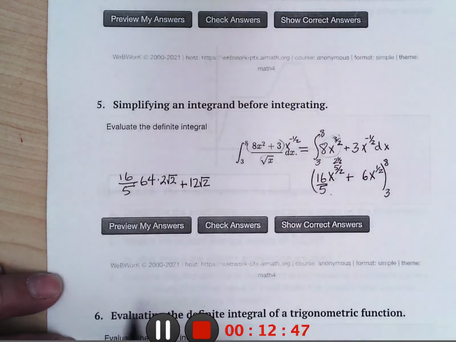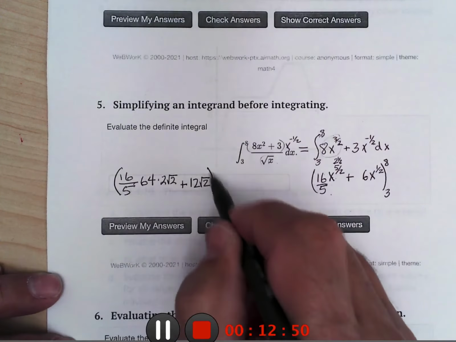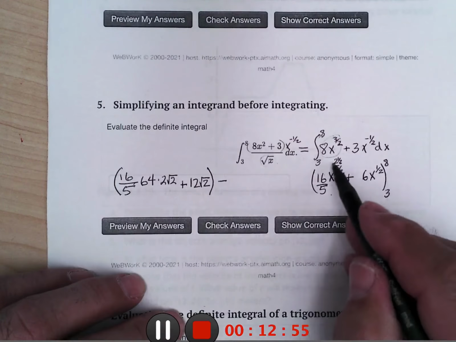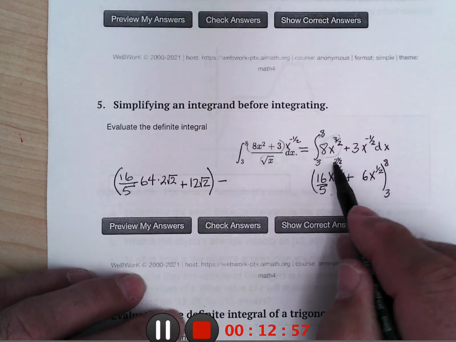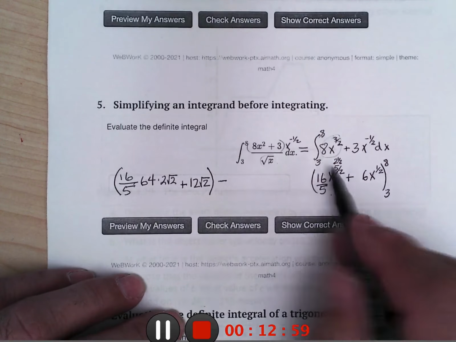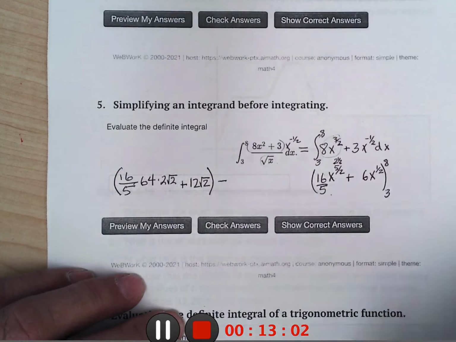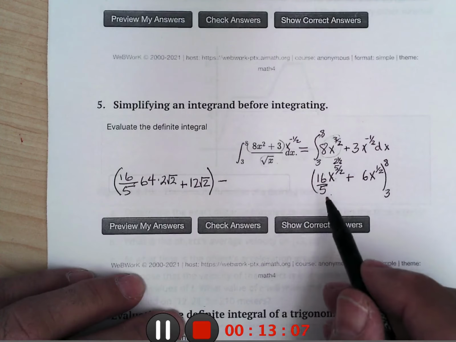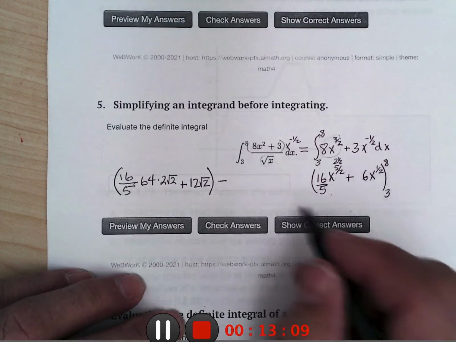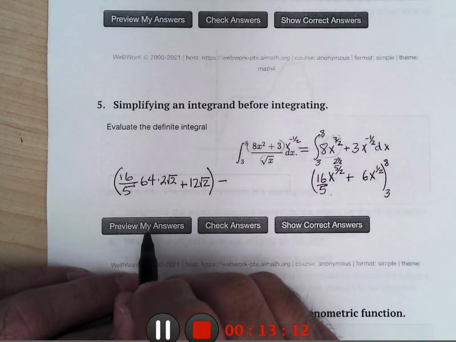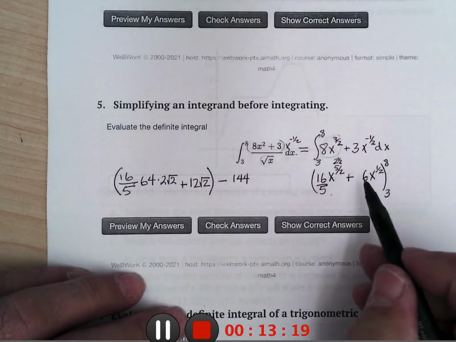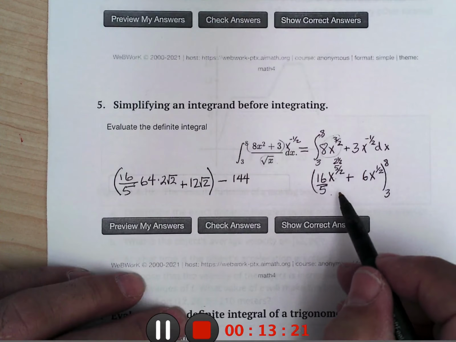There's 8 put in, minus, put 3 in, so 3 squared is 9, times 16, let's see, 10 times 16 is 160, minus 16, 160, 50, 140, 144, over 5.